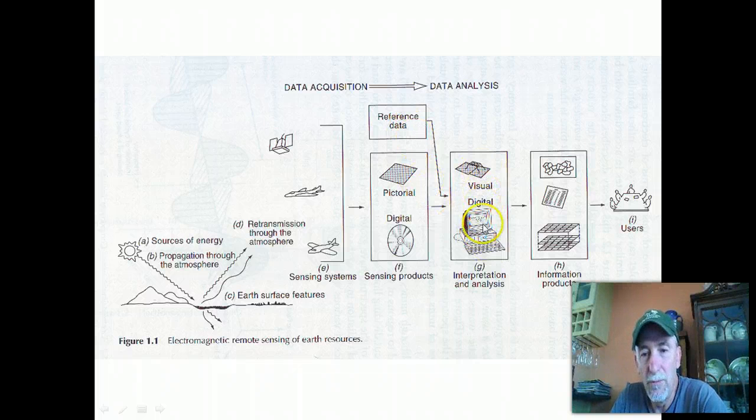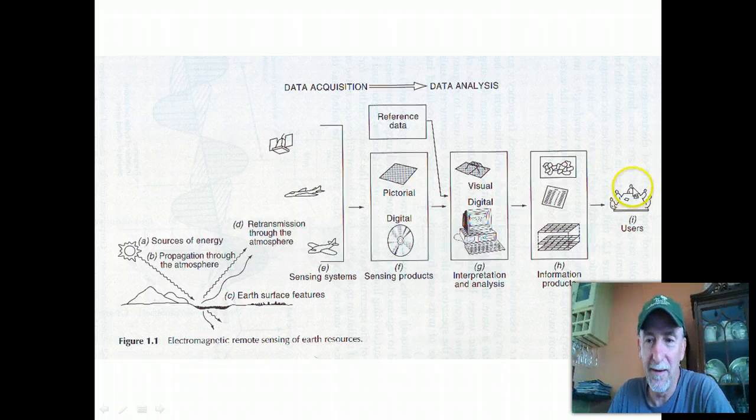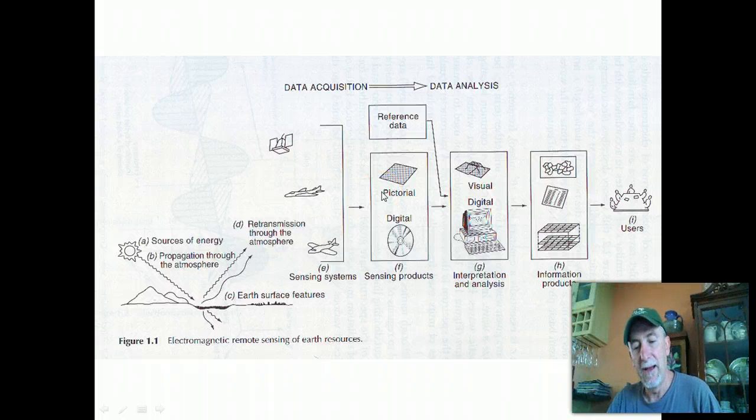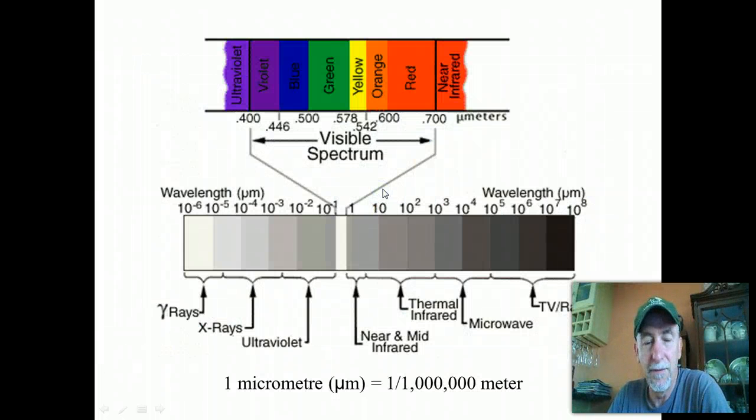We do various kinds of processing and analysis and interpretation, including visual and digital processing, and produce value-added information products that wind up on a table with a bunch of decision makers sitting around that table. So this is the whole process of remote sensing, and if you're trying to figure out where you are in the process, this is a good diagram to go back and look at any given time in the term.